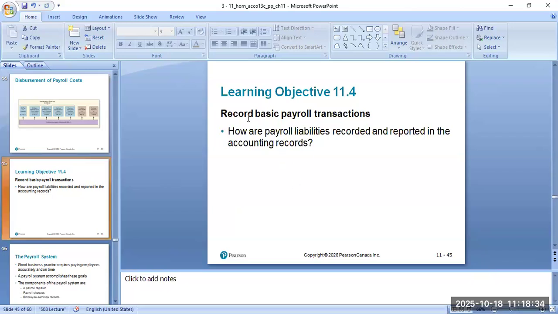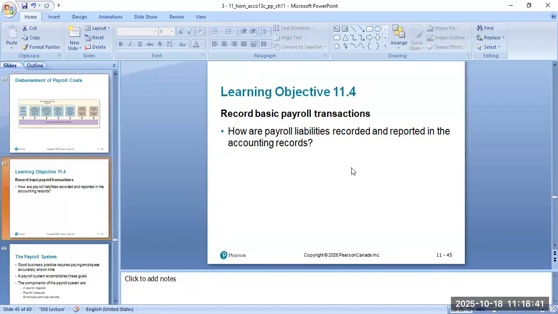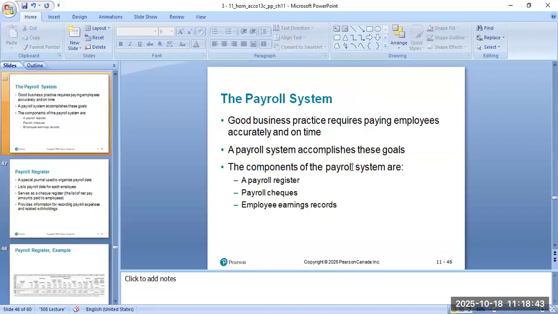Now, how are we going to record the basic transactions? So now we know what the payroll is. How are we going to do the entries, the journal entries? Okay, so we have to have the payroll system be accurate and on time.